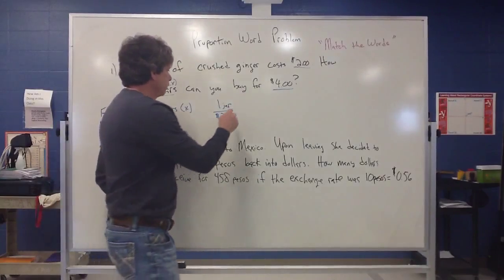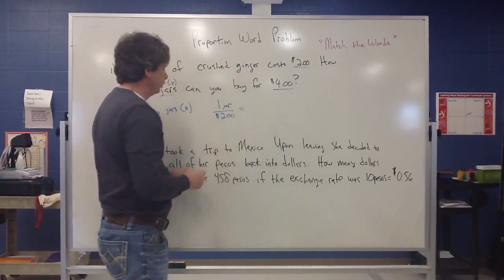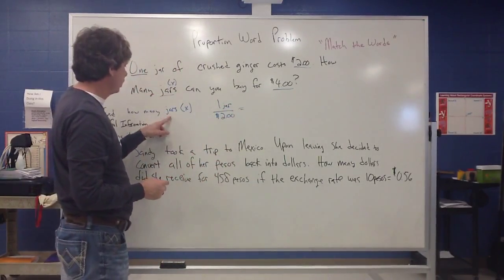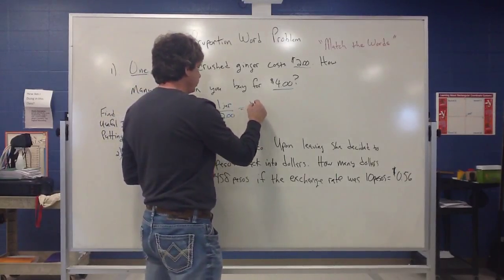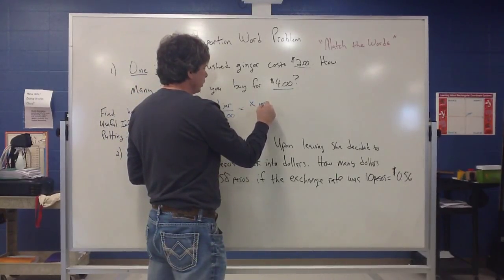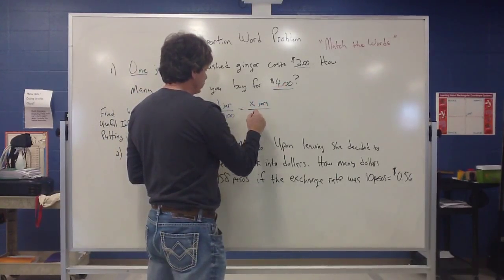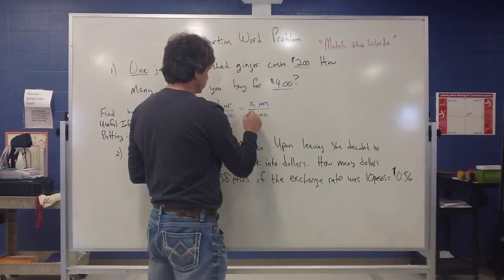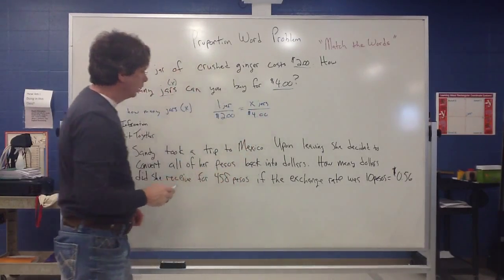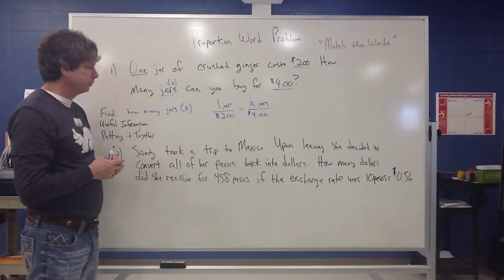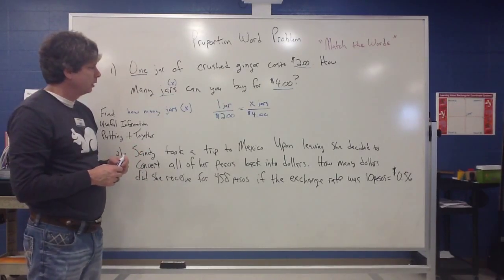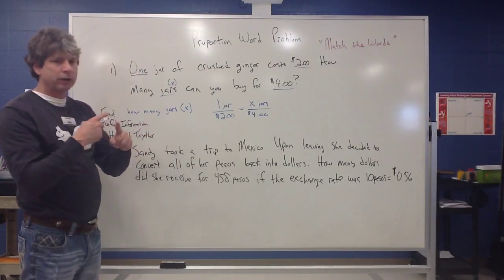And notice I have jars to dollars, so this unknown has to be on the top. So the question is how many jars goes with $4? And that's what we're looking for. So again, we see this as a proportion, we're allowed to cross multiply.